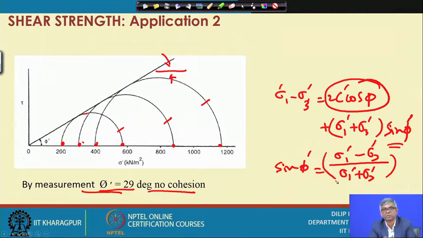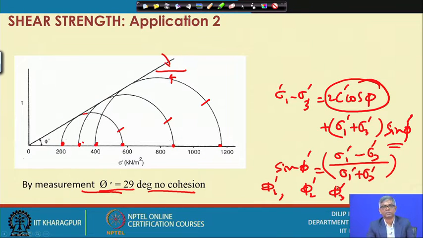So, from here also I can directly find out the phi dash. There are 3 circles. Corresponding to the first circle we get phi 1 dash, for the second circle phi 2 dash, and then we get phi 3 dash.